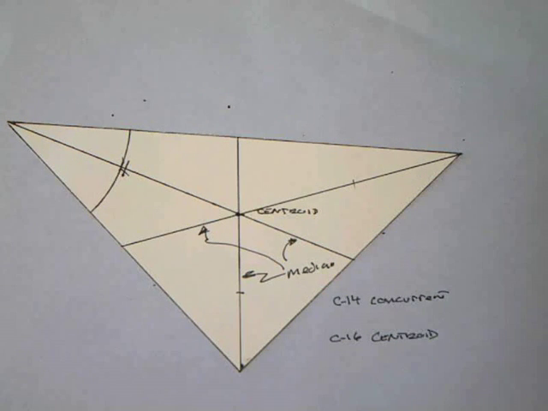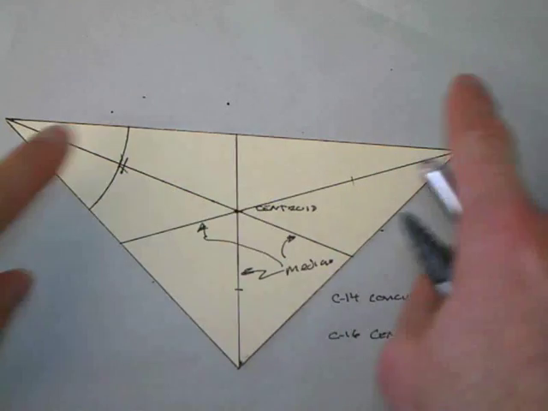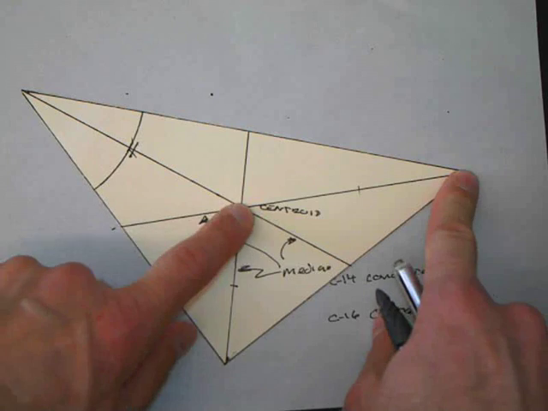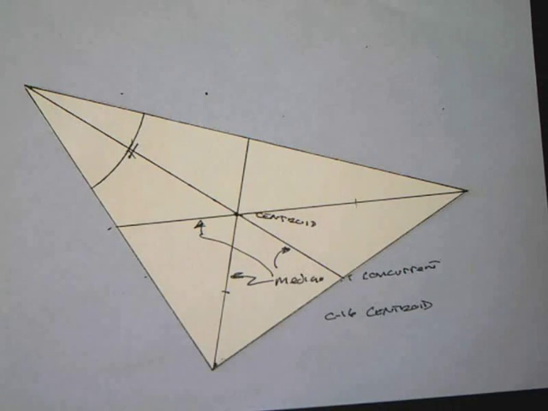So, the centroid of a triangle divides each median into two parts, so that the distance from the centroid to the vertex is blank this distance. Double.